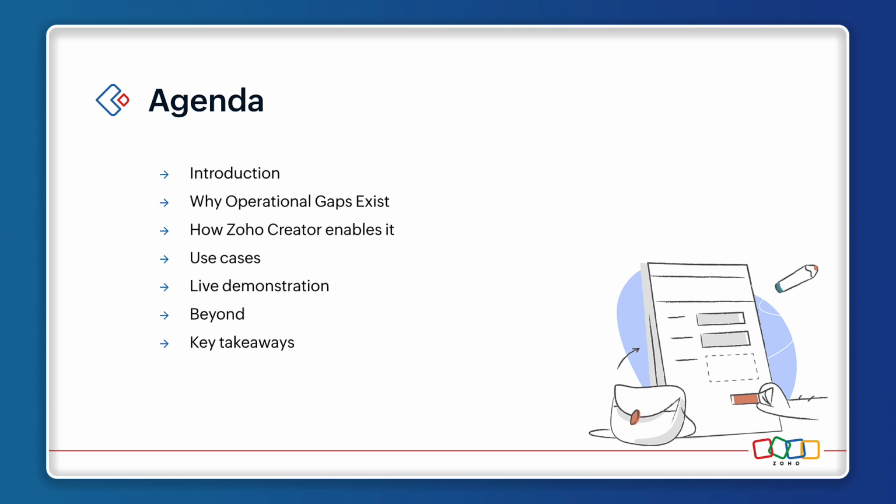To support that, we have taken a use case and we'll demonstrate it in the live demonstration. Followed by that, we'll talk about where else, beyond this use case, the model we are going to build will fit in. Finally, we will conclude the session with some key takeaways. This is the structure with which I'll be taking you throughout the session.